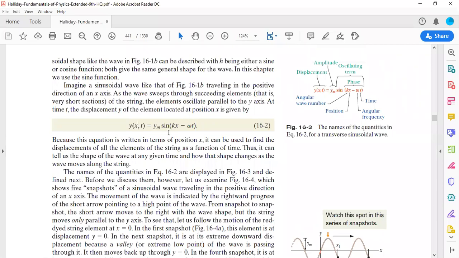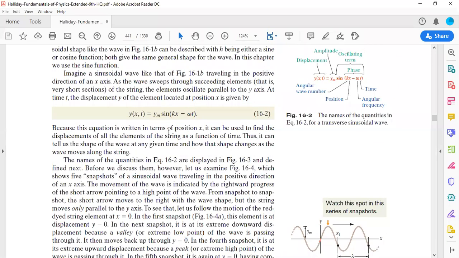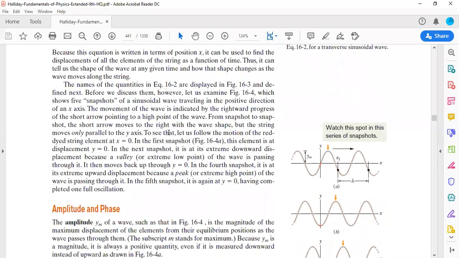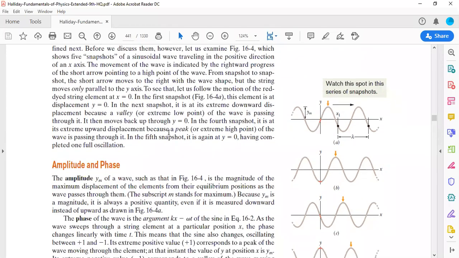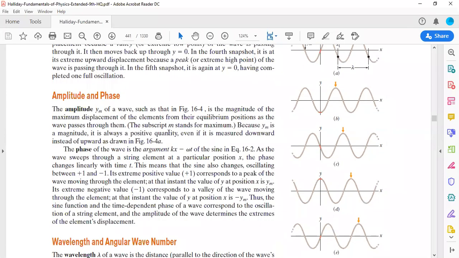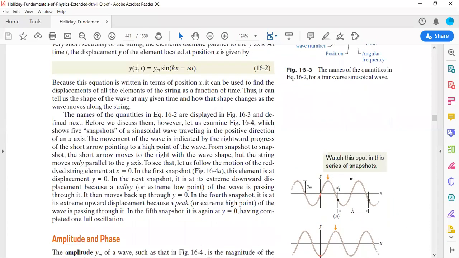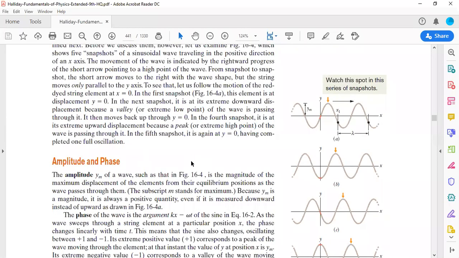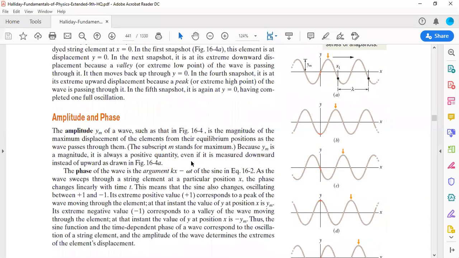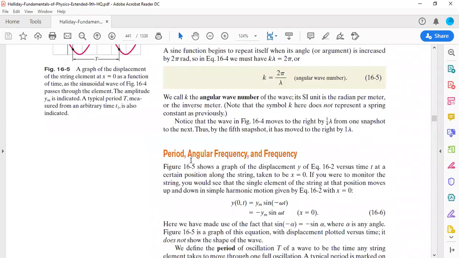So this equation is very interesting and needs to be discussed in detail. What is amplitude and phase? All the components of this equation will be discussed in detail next time, as this is very important.